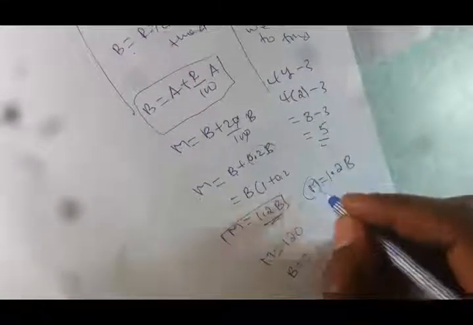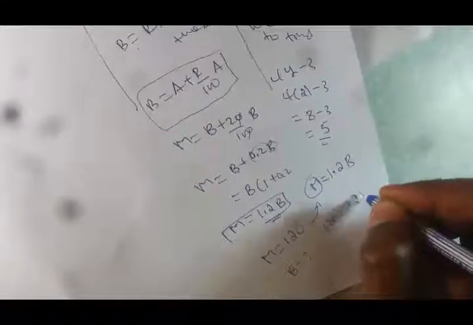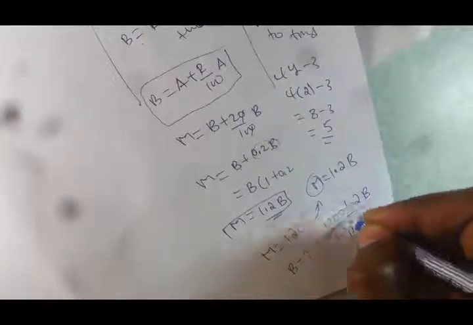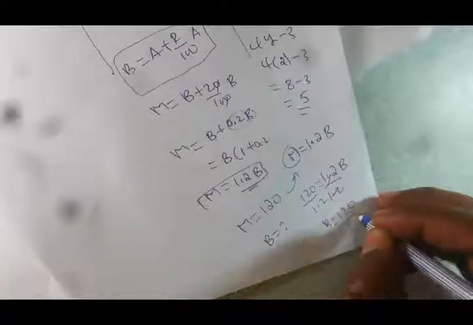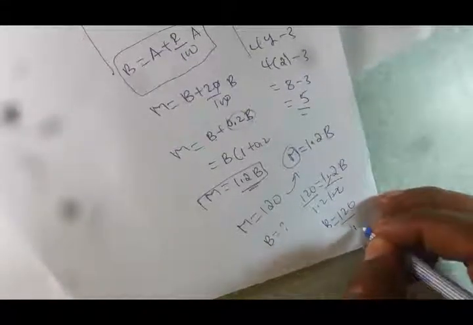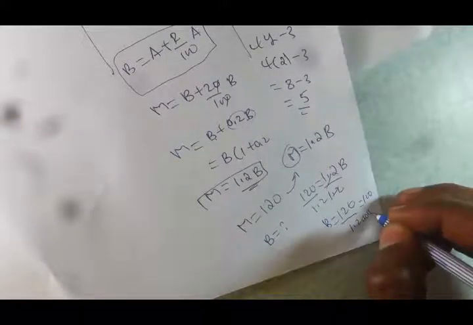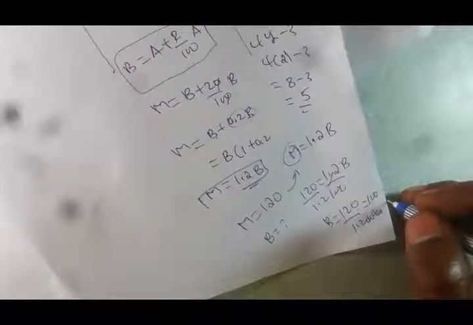So insert 120: 120 is equal to 1.2 times banana. Divide by 1.2 on both sides. Therefore B will be 120 divided by 1.2, which is equal to $100. So Tsagu will spend $100 for buying banana.